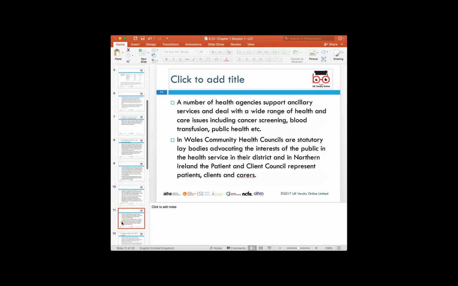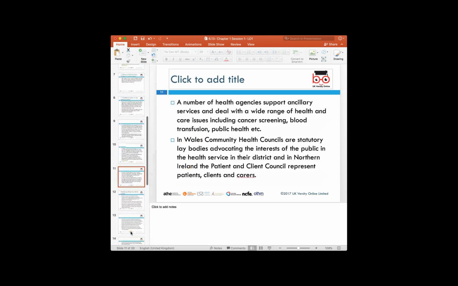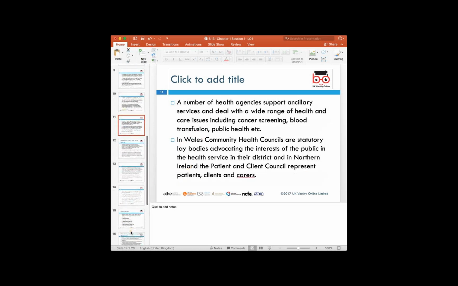Now, looking at these slides, which are slightly different in terms of how these services are being rolled out in the UK. There are a lot of healthcare agencies which support the National Health Service in providing services.